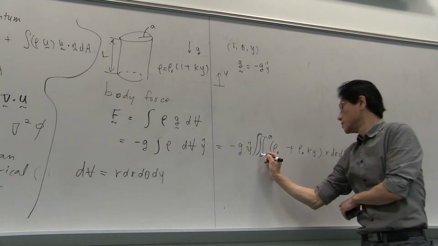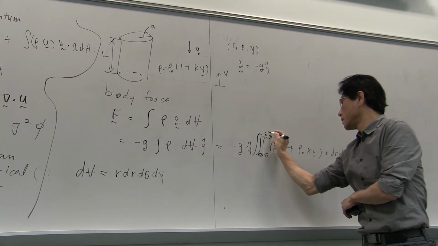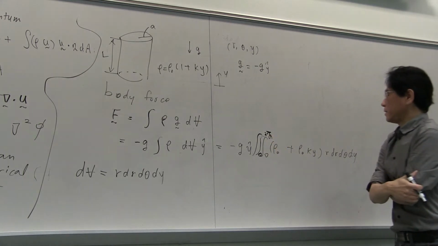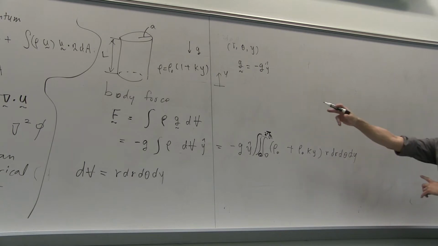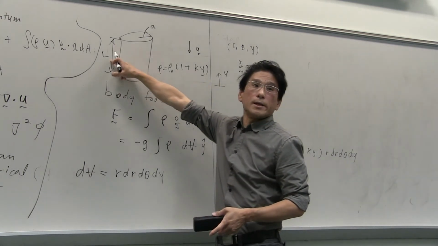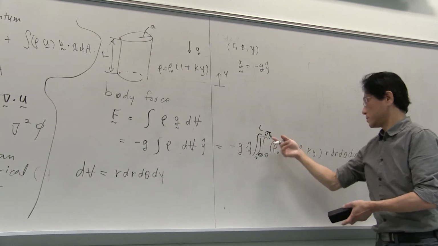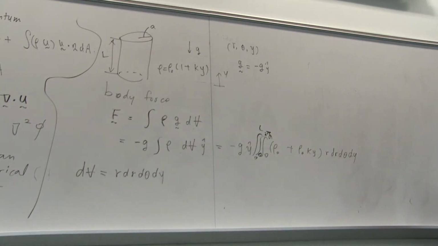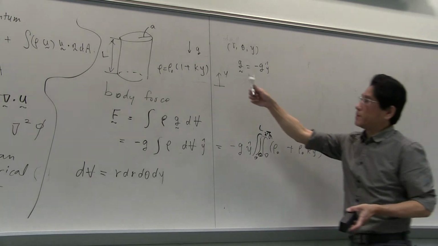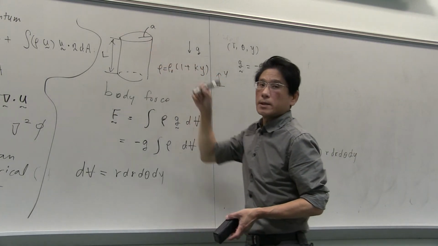And dy goes over the cylinder height L, so 0 to L. Then we just integrate.